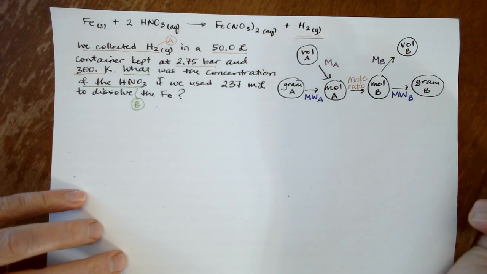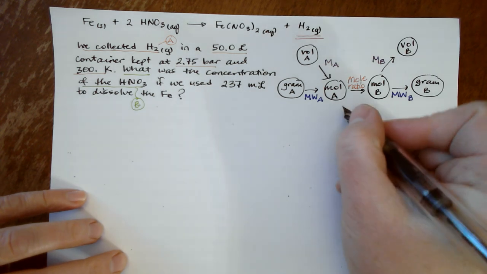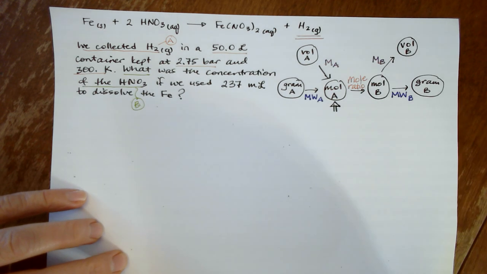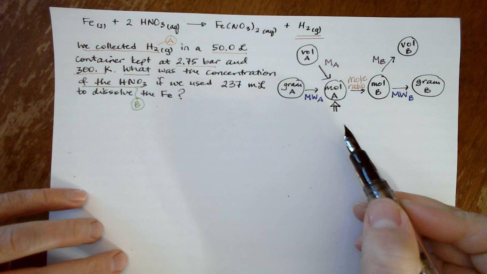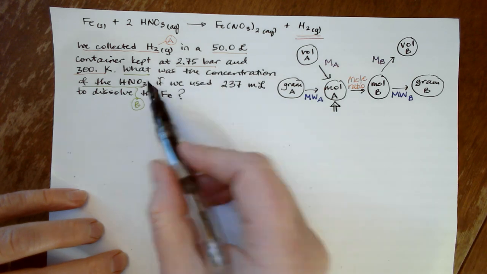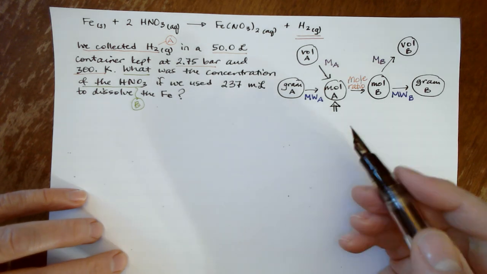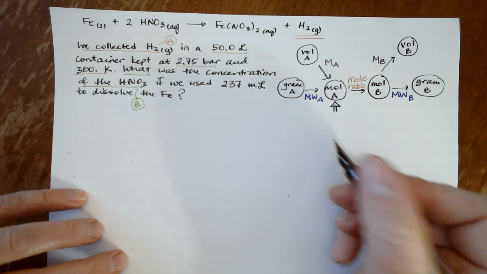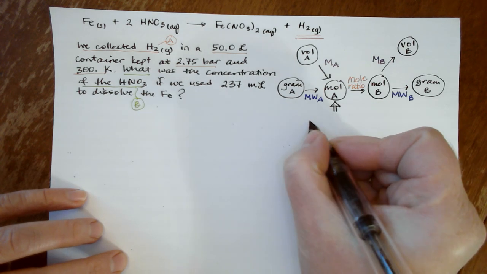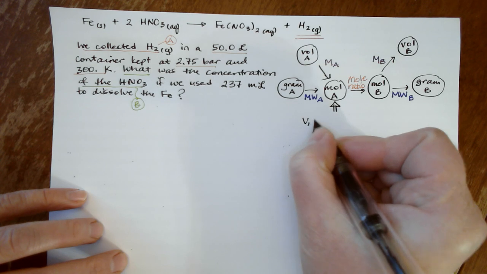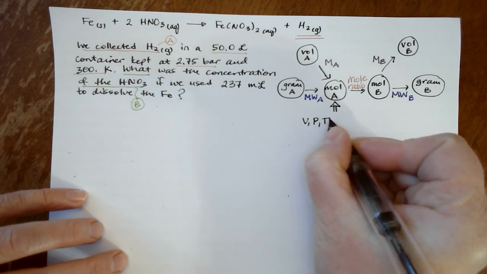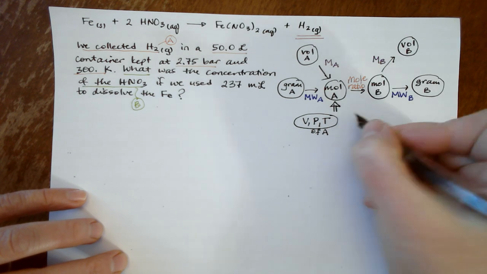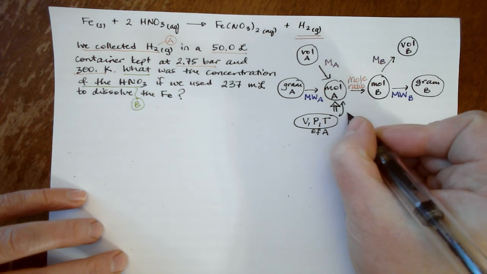But we're going to go to our foundational idea that we need to get to moles of A. I didn't put the gas law on here because you can come at it from a lot of different ways, and it would make this a very cluttered diagram. I guess I could put a little bubble that says volume, pressure, and temperature of A, and then we go using the gas law.